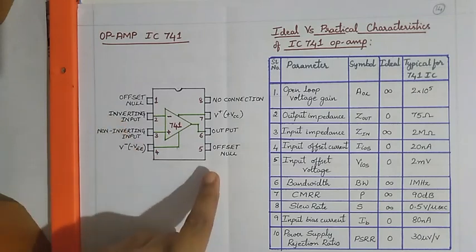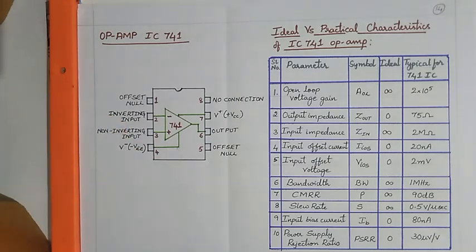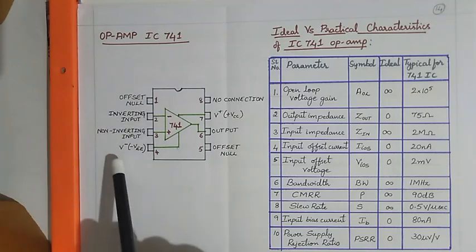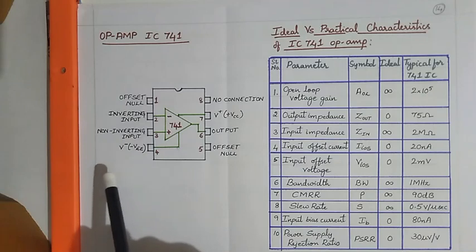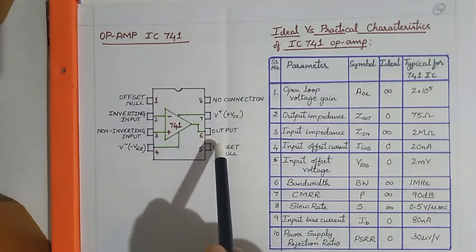Pin number 1 and pin number 5 are the offset null points, which are used to nullify the offsets and also provide the offset voltage compensation. Pin number 2 is the inverting input terminal, pin number 3 is the non-inverting input terminal, and the output is taken from pin number 6.